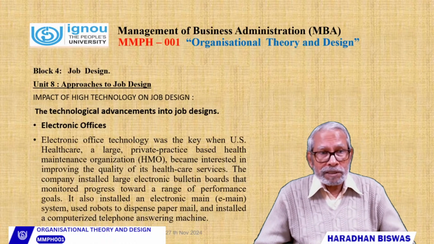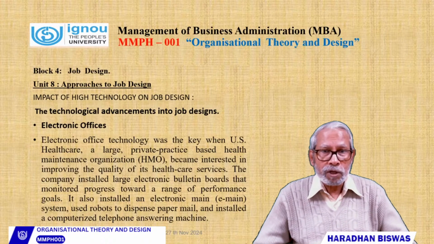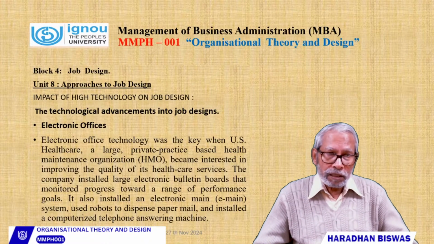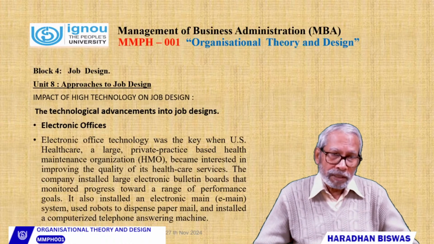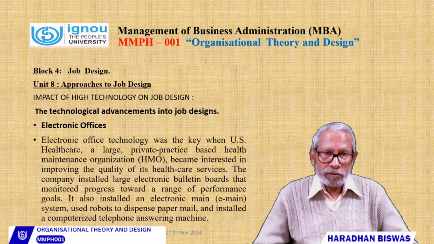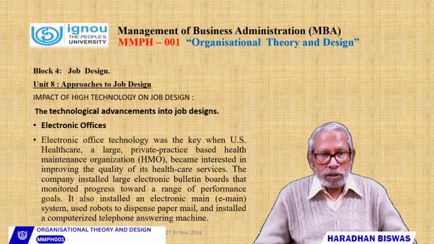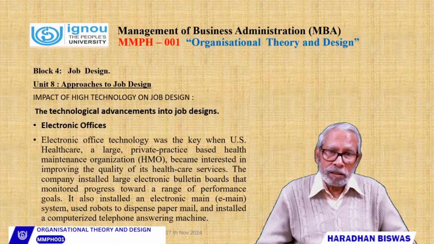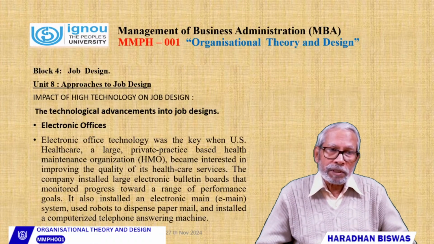Now electronic offices, because you see the electronic office technology is very useful now, especially in US healthcare, in large private practices and health maintenance organizations, the HMOs, became interested in improving the quality of the healthcare services. The company installed large electronic bulletin boards that monitored the progress toward a range of performance goals.